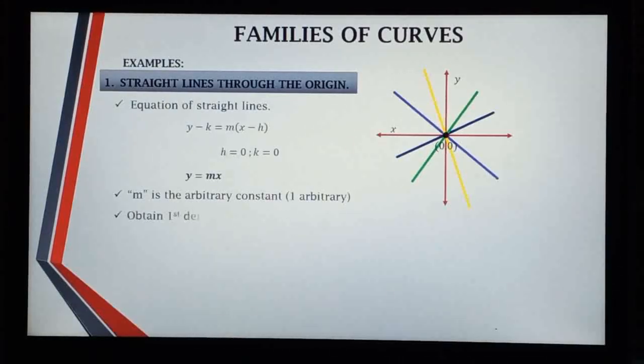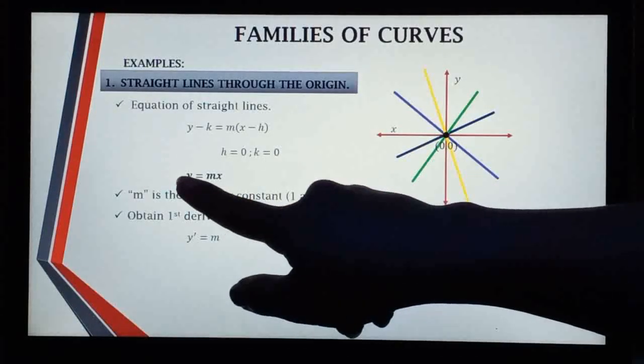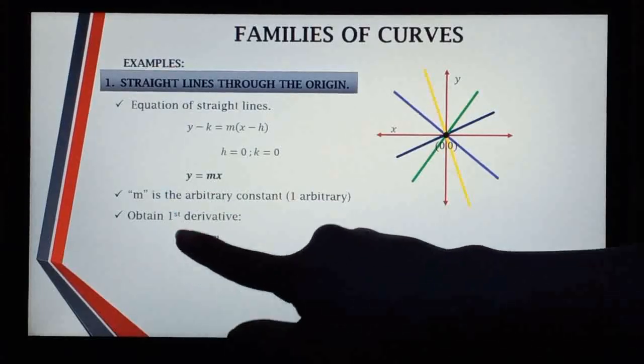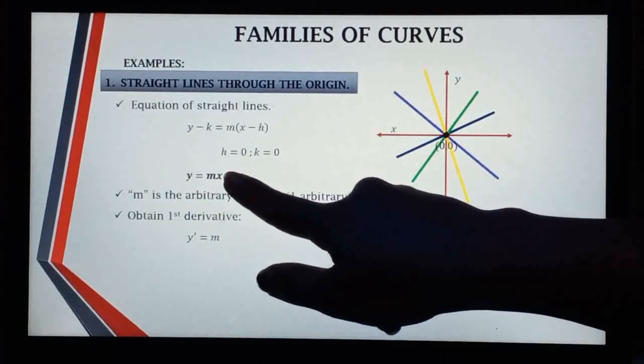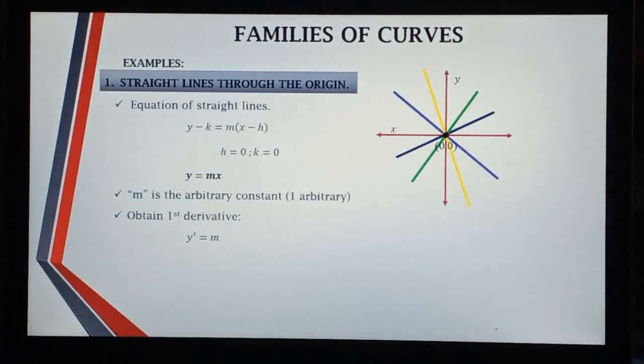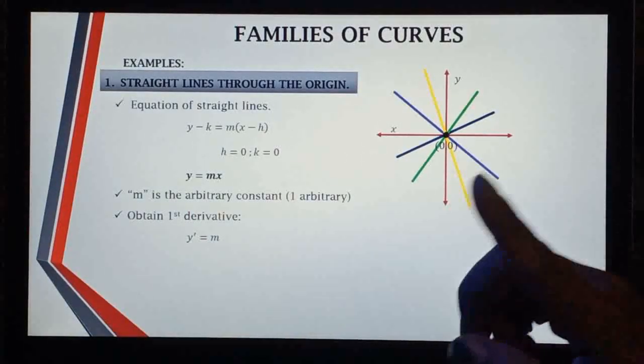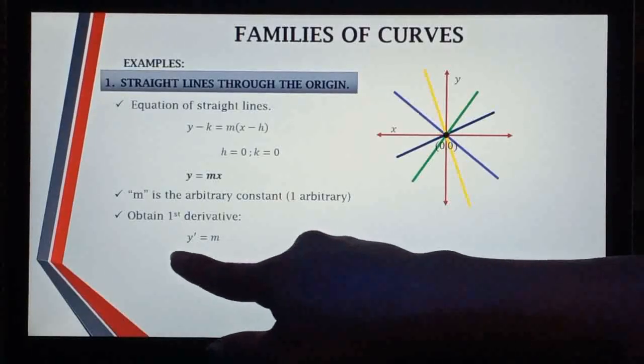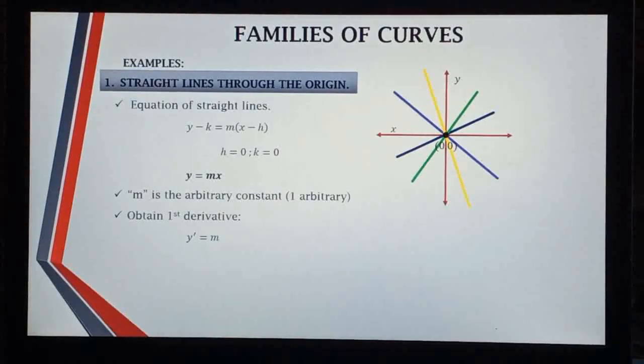Since meron kang isang arbitrary, you have to obtain first derivative. Since first derivative of the equation is y, you will have y prime, then the derivative of mx is simply m. Now, after obtaining yung first derivative, napansin natin na hindi pa rin na-eliminate si m.